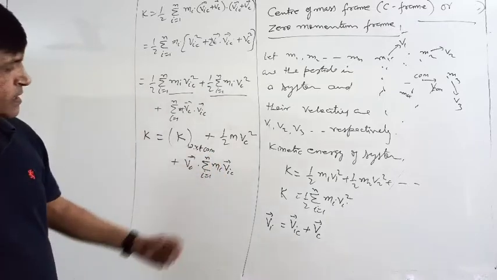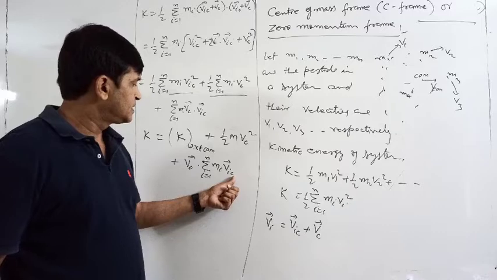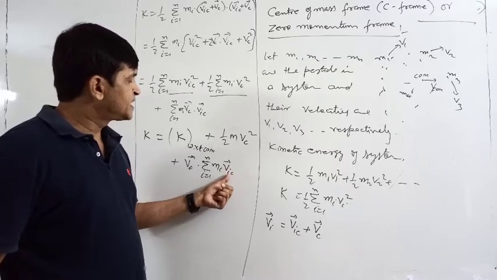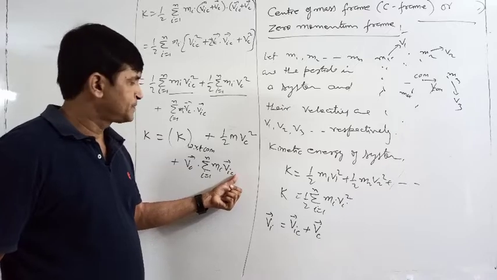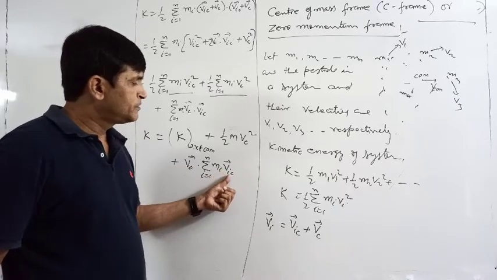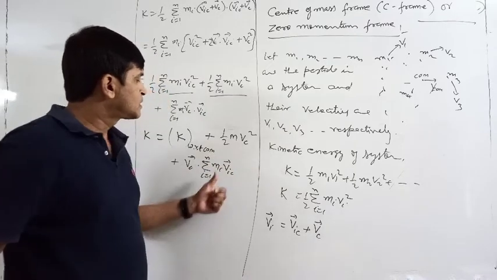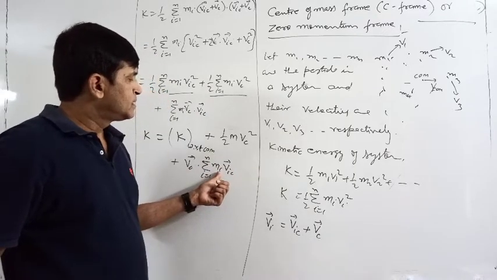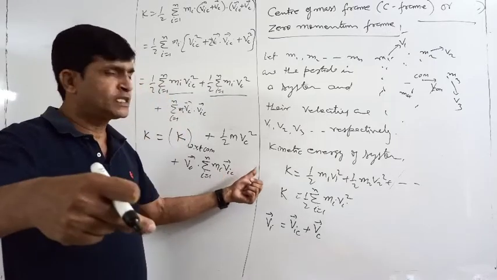Now see what is this? m1 v1c, which is the velocity of 1 with respect to center of mass, plus m2 v2c. So this whole term is like m1 v1 plus m2 v2 plus m3 v3.